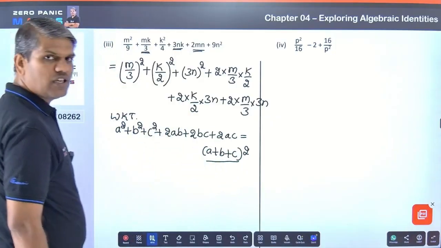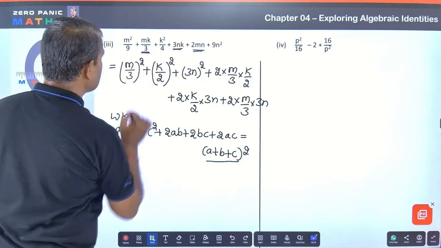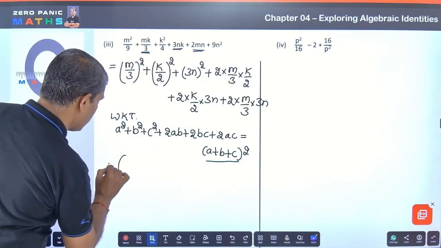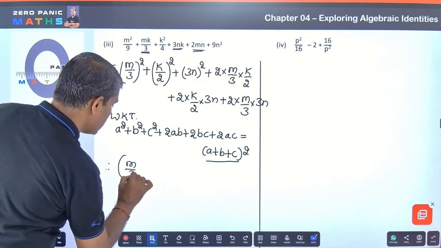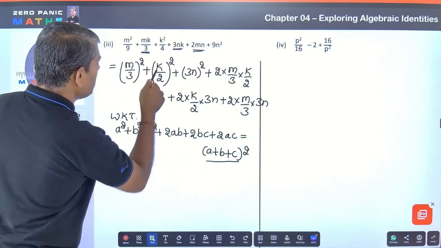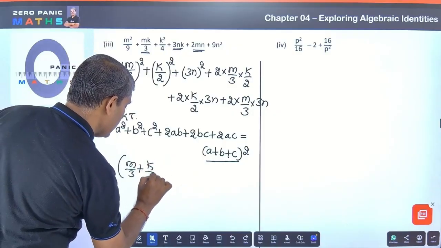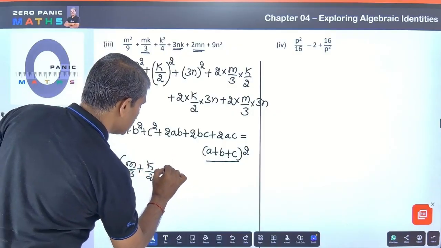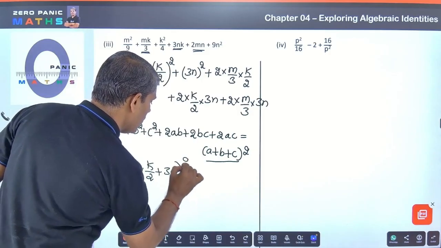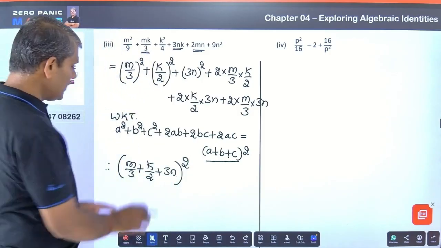We have to write this short form, considering a as m by 3. So therefore it is m by 3 plus, what is b? b is k by 2. And what is c? c is 3n. Whole square. So this is actually the factor.